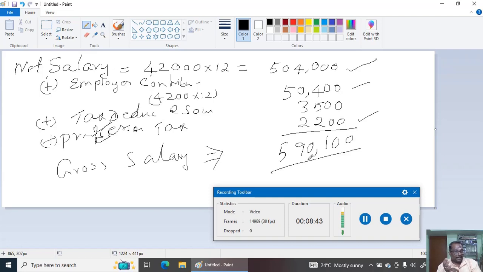And a person, according to the Income Tax Act, a person means an individual can be called a person, and a corporate is also called a person, a partnership firm is also called a person, and an association of persons and body of institutions, everything can be called persons.